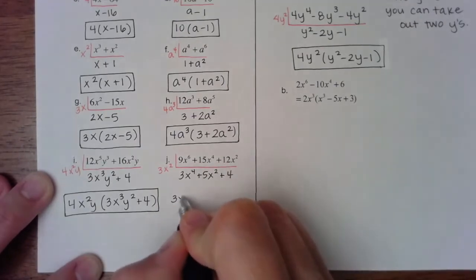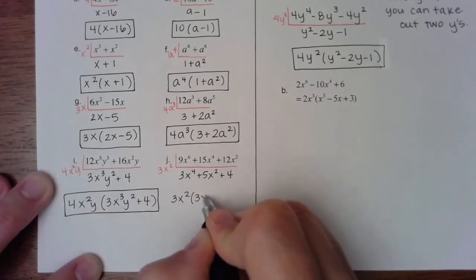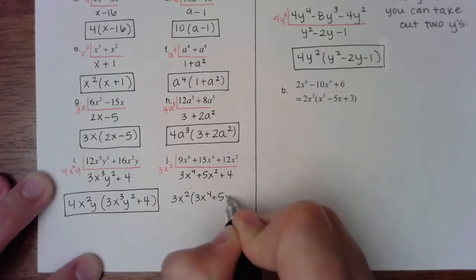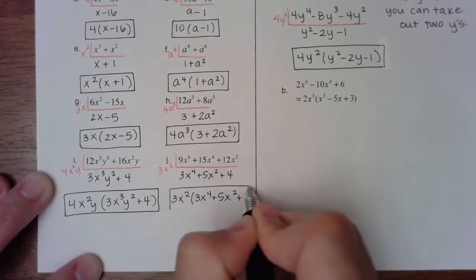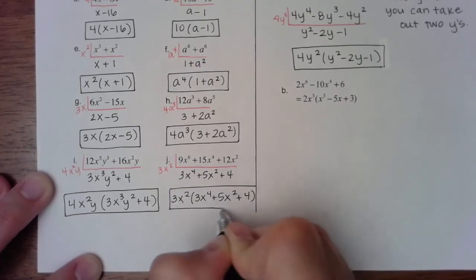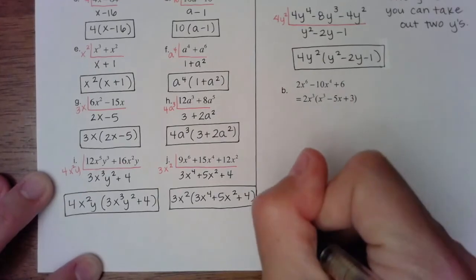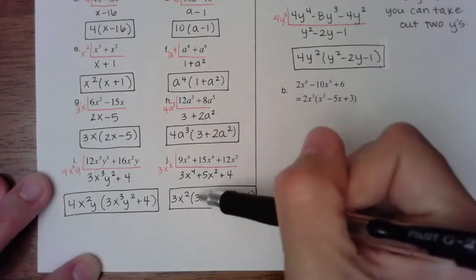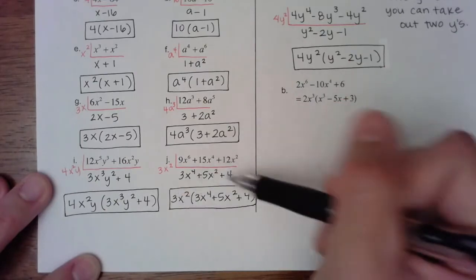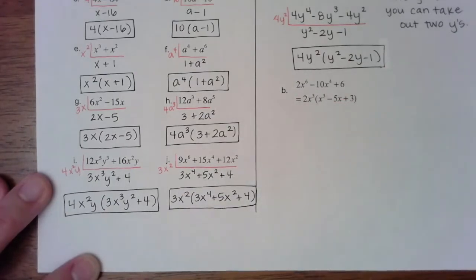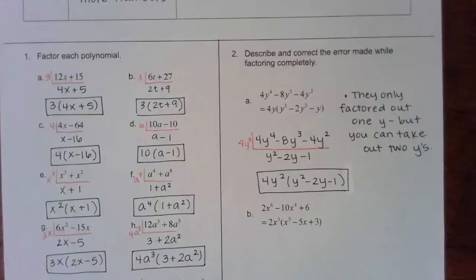You do rewrite this in its entirety. I know it kind of feels like you're just copying down the same thing that you just wrote, but you always have to make sure that you put the GCF in front. And then let's just double check the multiplication. 9x to the 6th, 15x to the 4th, and then 12x squared, and so that one checks out as well.